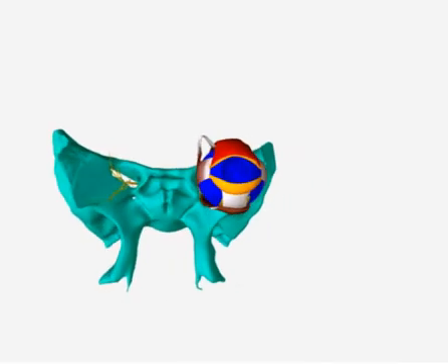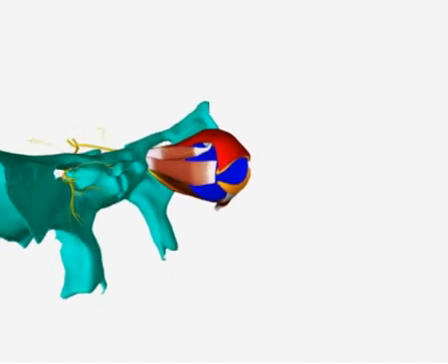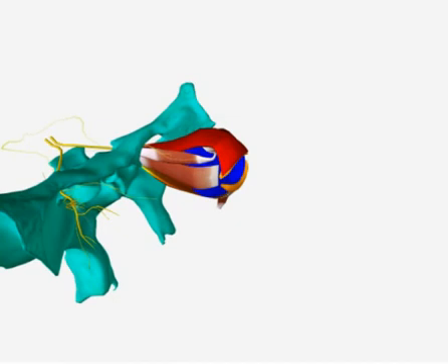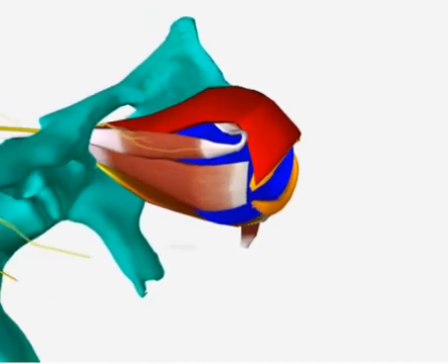Next is the innervation of the superior oblique muscle. The nerve that supplies the superior oblique muscle is the trochlear nerve. You can see over here, this nerve is coming over here and supplying this muscle.